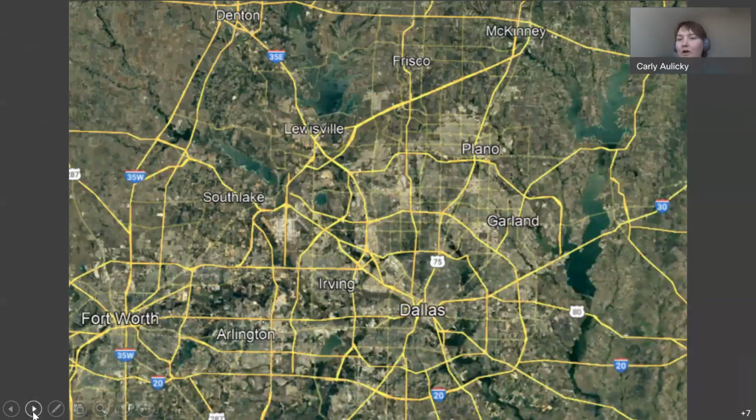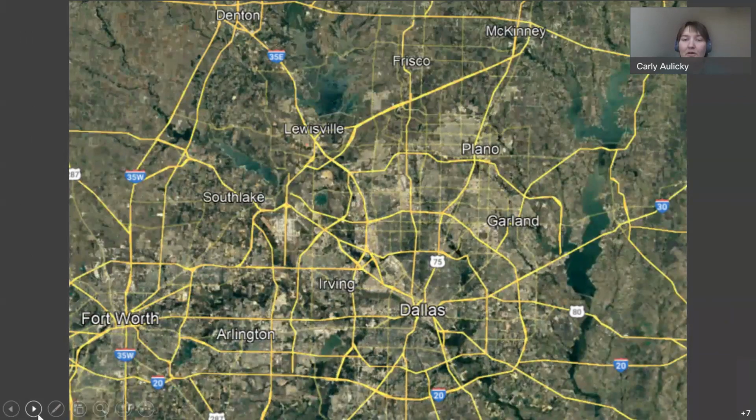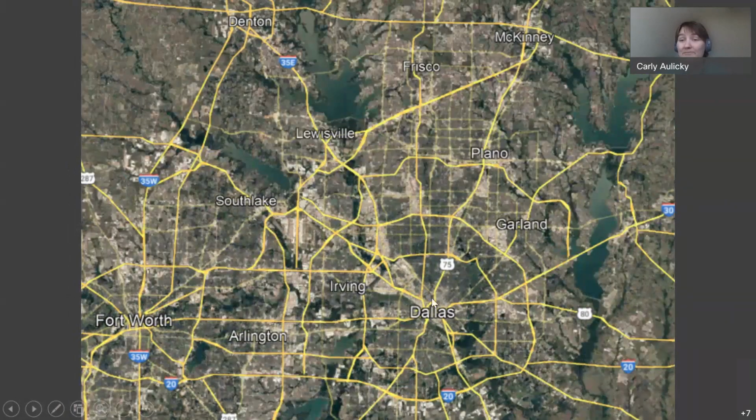So to put this into context, this is the DFW Metroplex and a satellite image courtesy of Google Earth from 1984. What I want you to do is turn your attention to the outskirts of DFW, particularly Frisco, McKinney, and the Denton-Lewisville area, for just 1 second, because I'm going to fast forward us to 2020. And again, back here's 1984 and 2020.